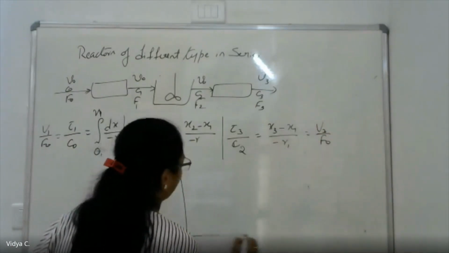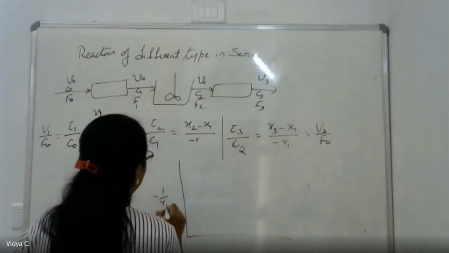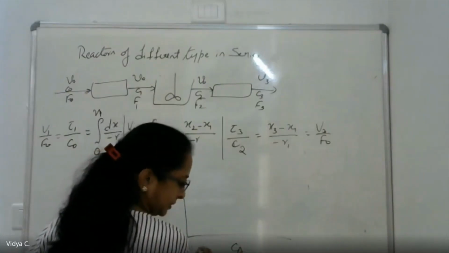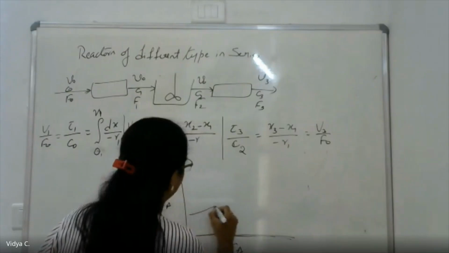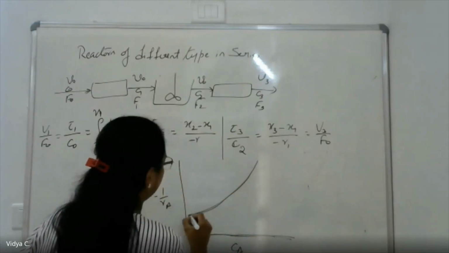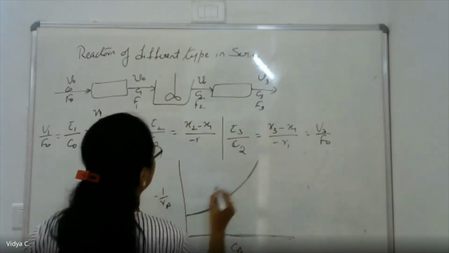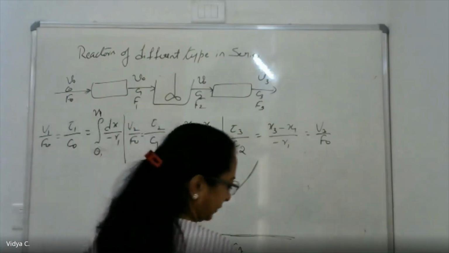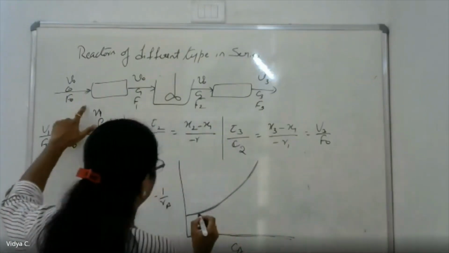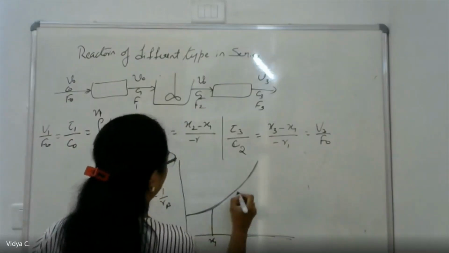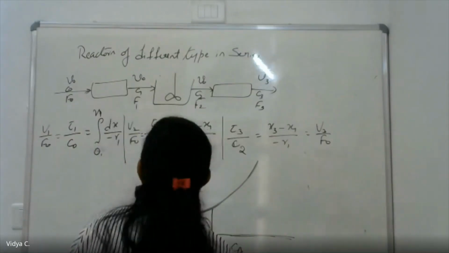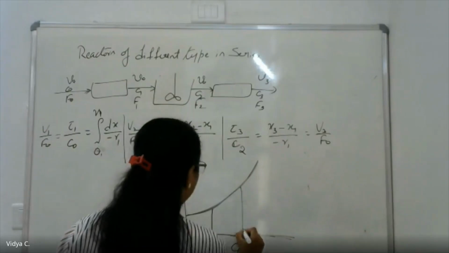Okay, and if I'm plotting minus 1 by RA versus CA, the nature is in this way. This is the nature. So what do we do? We have to start with PFR. So for the PFR, it is area under the curve. And for CSTR, it is from x2.